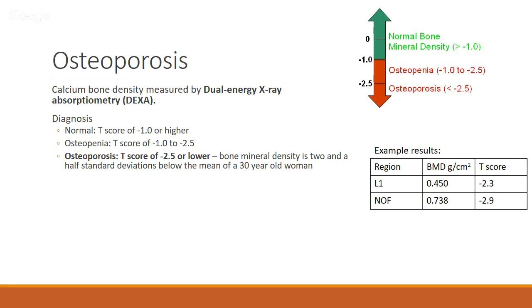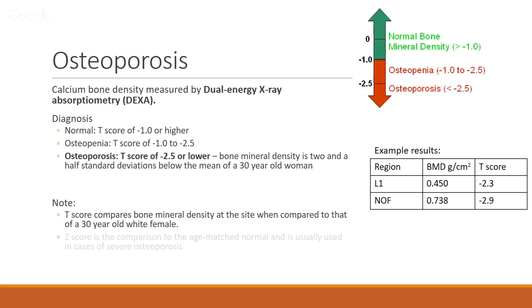So in the regions L1 and neck of femur, it shows your bone mineral densities. Different areas have different bone mineral densities, so you can't just use one area. And it shows the T-score. The T-score actually compares your bone mineral density to that of a healthy person, which is not that intuitive, I guess.